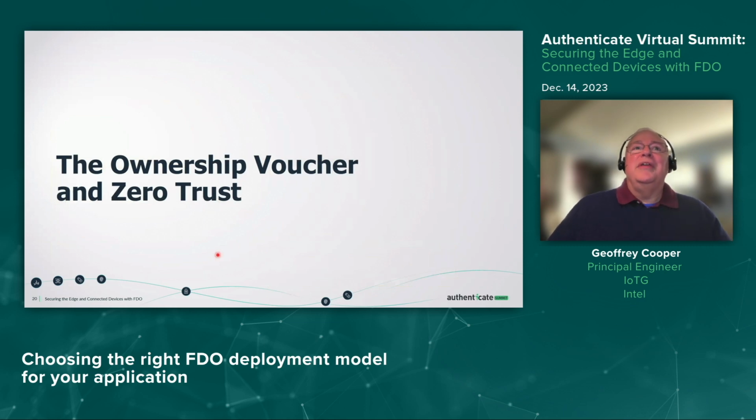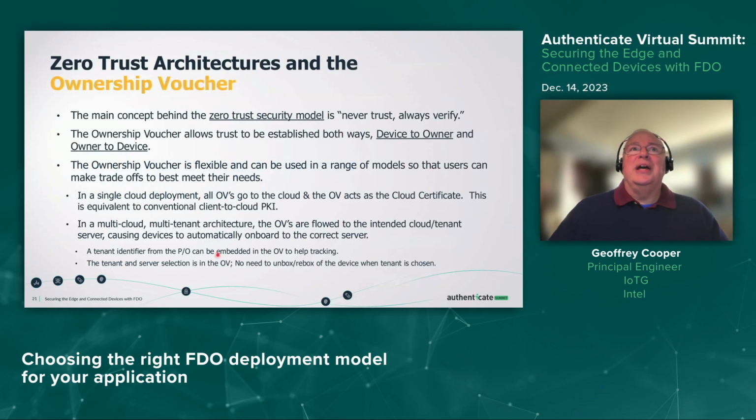Let me talk about one more thing here. Let me talk a little bit about zero trust. We talked about zero trust before: never trust, always verify. And this is why we have the ownership voucher. I want to emphasize that the ownership voucher is the thing that gives us zero trust, and it has the flexibility to be used in a variety of situations.